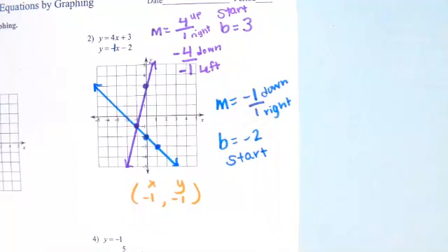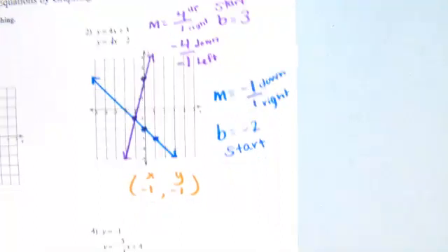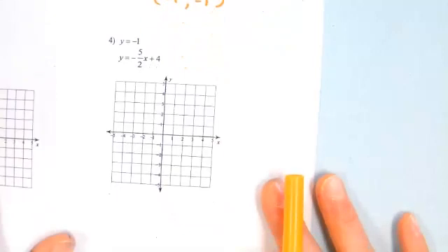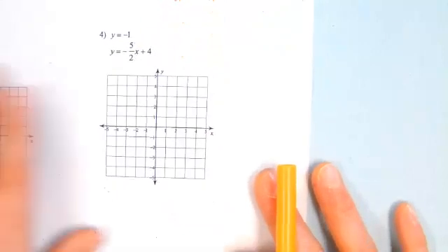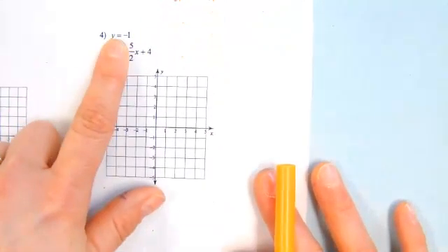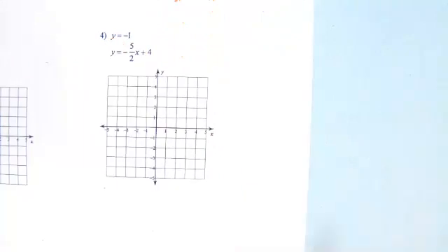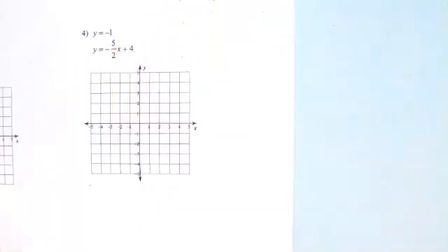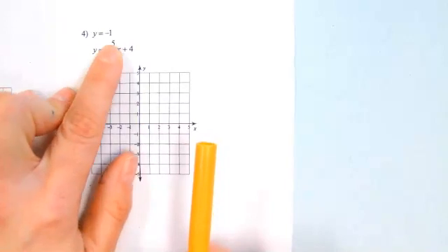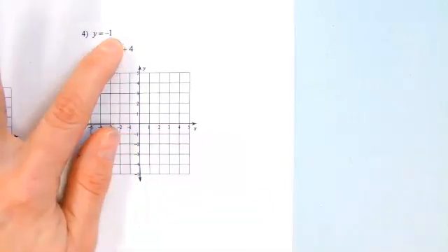Another tricky one that I'm going to do for the sake of the video is 4. And the reason it's tricky is this first one. I know I taught you this earlier, but I want to go over it again. So I'll start with this y equals negative 1. That looks funny because there's nothing else.